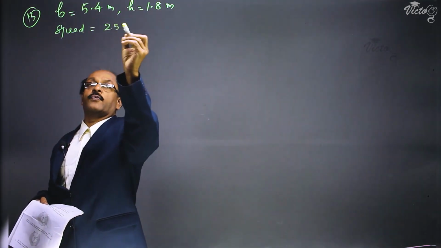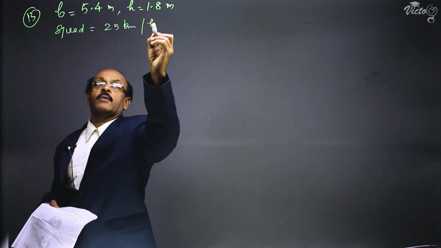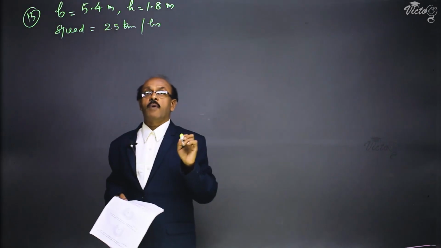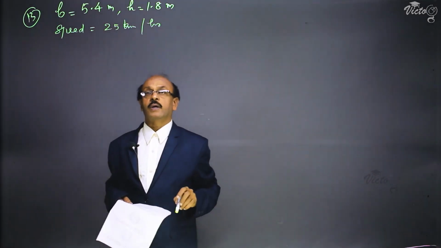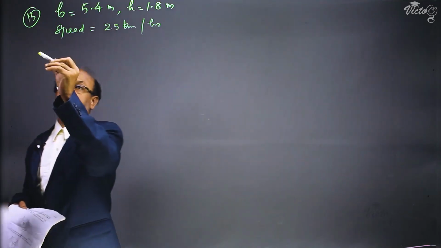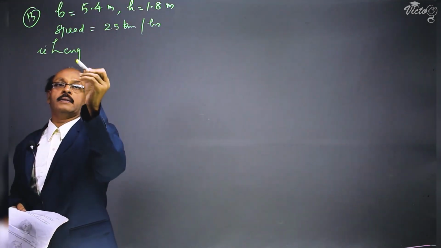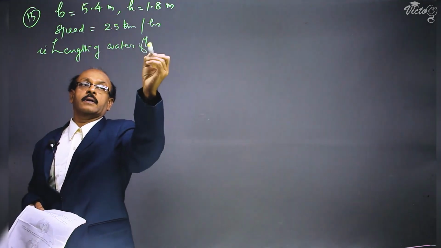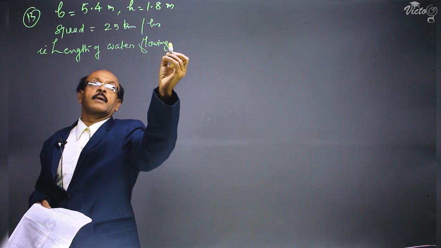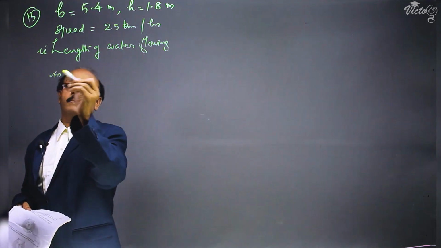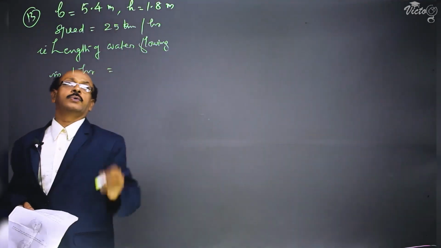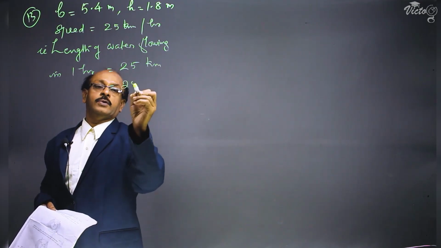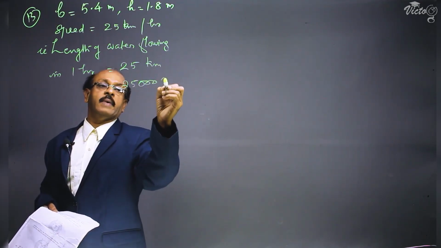The meaning of the speed is that the length of water flowing in 1 hour is equal to 25 kilometers, which is equal to 25 into 1000, 25,000 meter.